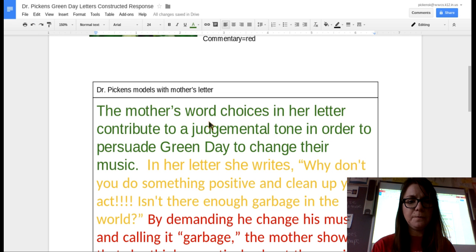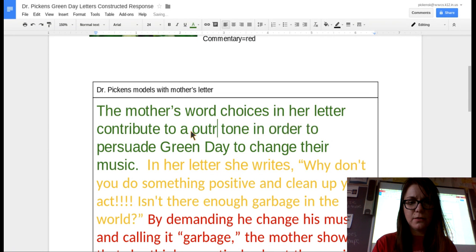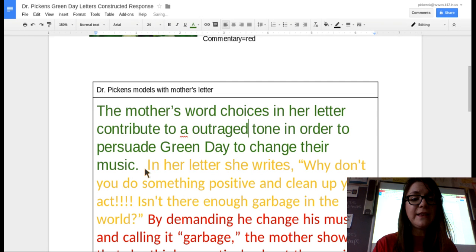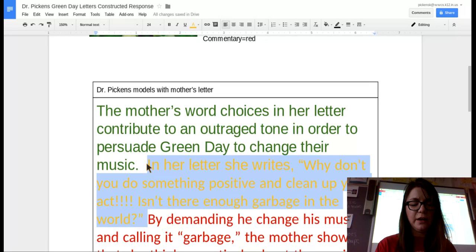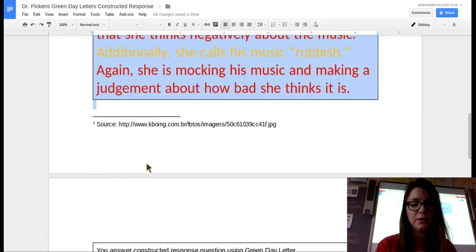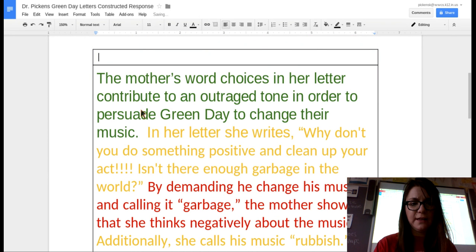Okay, so I'm going to rewrite this here. Okay, but then I need different, and that needs to be outraged. I need different text evidence if I'm going to support that particular claim, because different claims need different evidence. That didn't work.